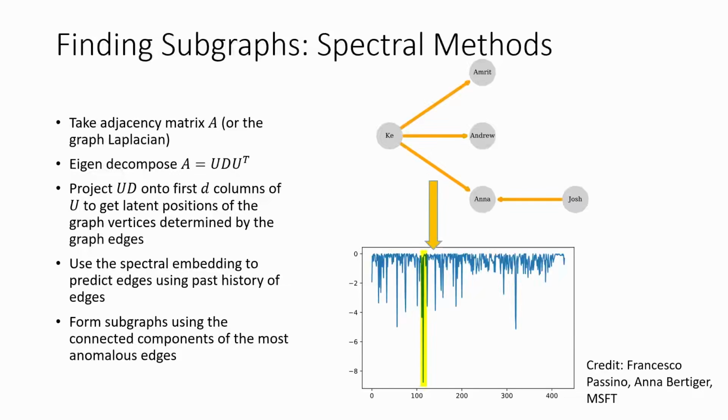OK, and now spectral methods. These are among the more cutting edge in our research team. So let's see. And I don't have this up on the slide deck, but an adjacency matrix. Some of you will nod your heads. It's a matrix. I don't mean Keanu Reeves. In the rows are nodes, and in the columns are nodes.